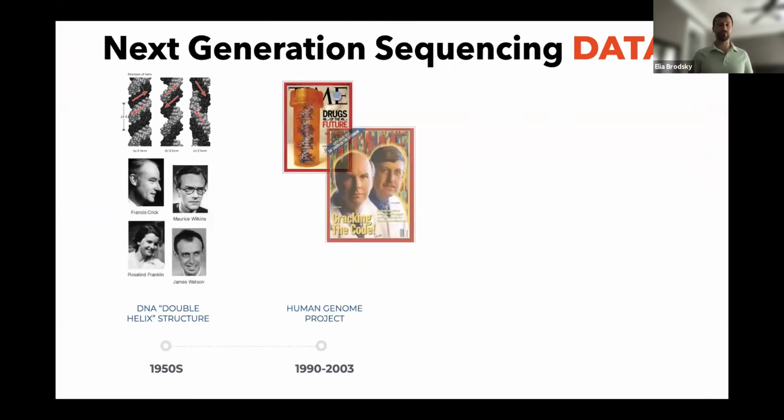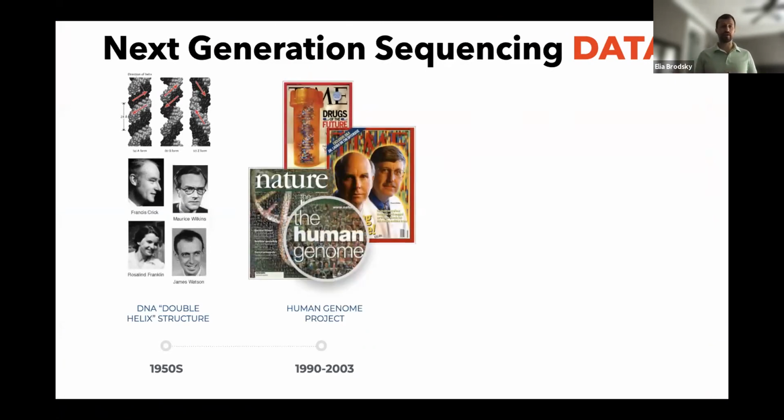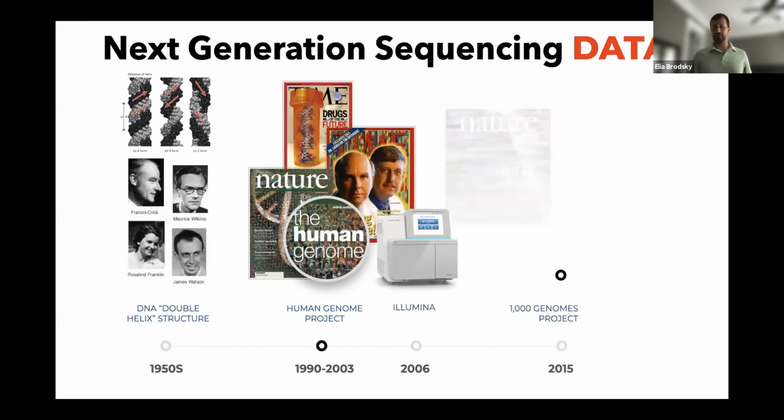So let me start by telling you why bioinformatics and genomics is such a relevant topic today. From the 1950s, after the DNA double helix structure was discovered, right away there was a focus on trying to understand what is encoded in the DNA.